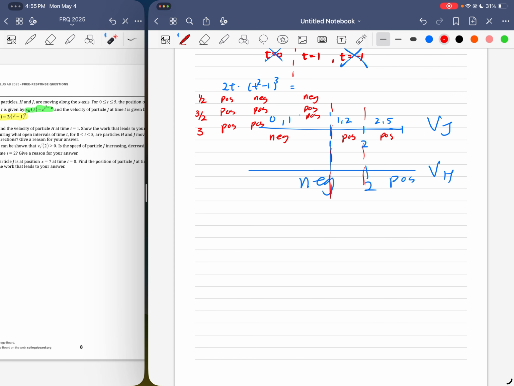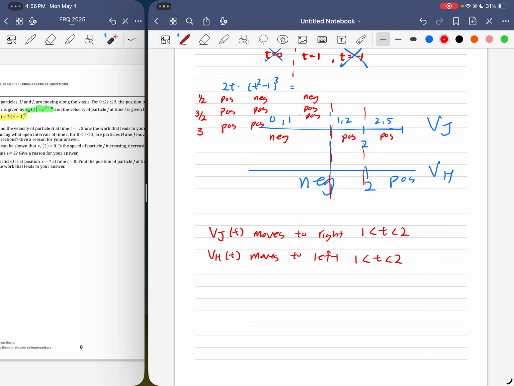So for this one, you can say the velocity of j moves to the right from 1 to 2, and the velocity of h of t moves to the left from 1 to 2.